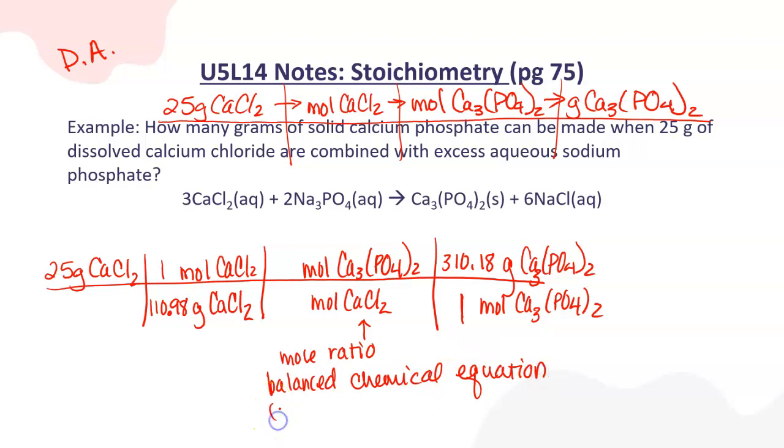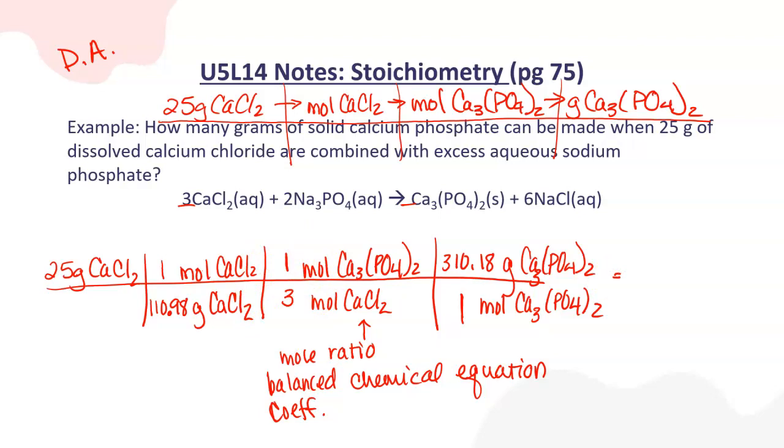So this is our coefficients. I look at my balanced reaction and I see that there is no coefficient for calcium phosphate, so that is a 1. And the coefficient is a 3 here. Only in a mole ratio can these two be different than 1, or if we're using molarity, but that's super different and it's given to you.